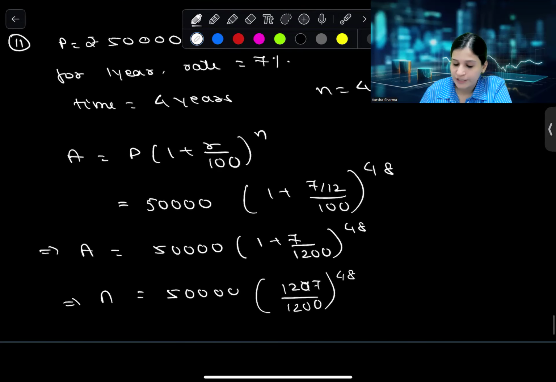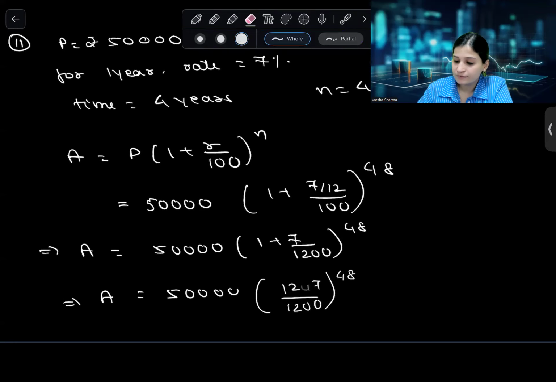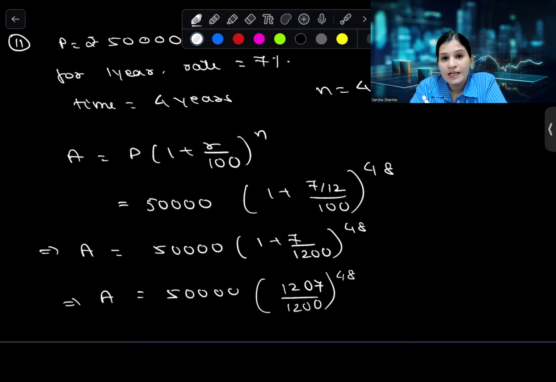Can we do this orally or manually without using a calculator? It's not practically possible for us to do this manually.